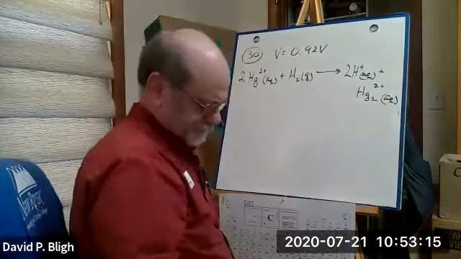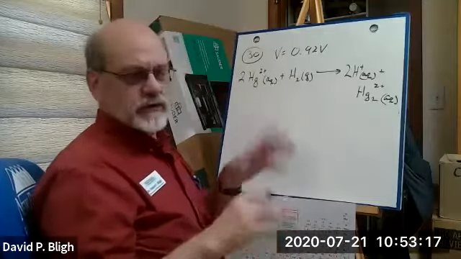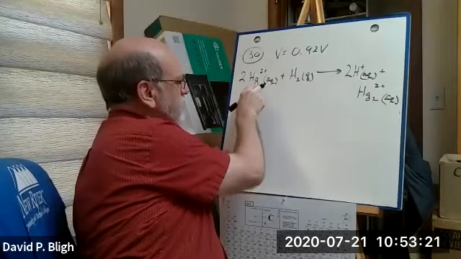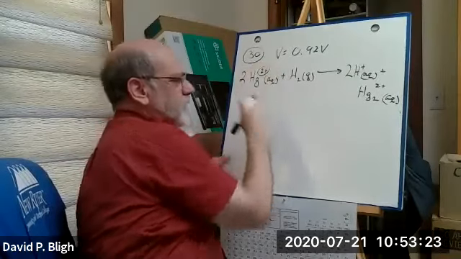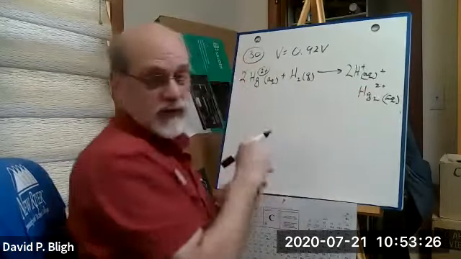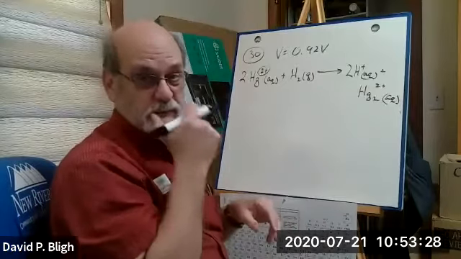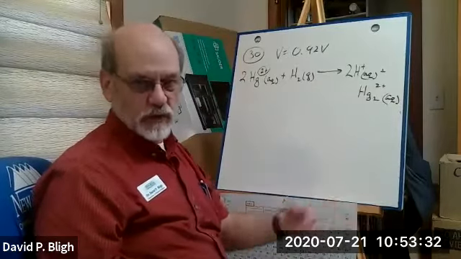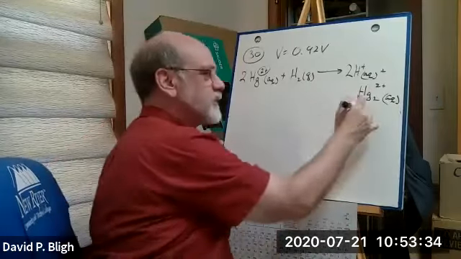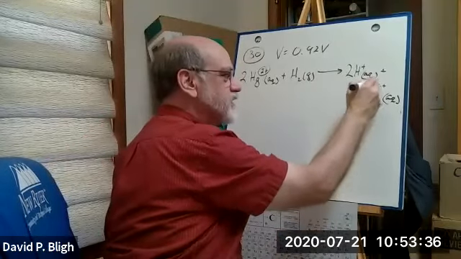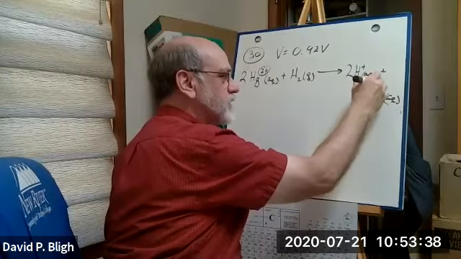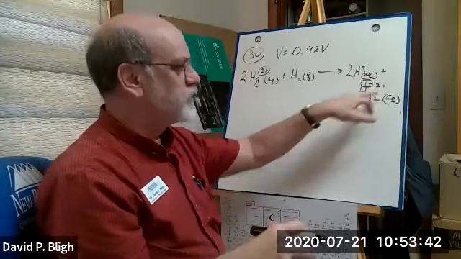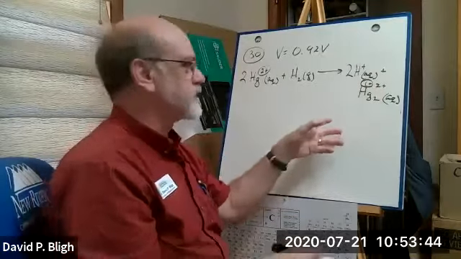Okay, so which one's reduced and which one is oxidized? Well, this one is 2 plus charge. But here we have 2 of them with a 2 plus, and that's the way mercury works. You never have a single mercury alone with a 1 plus charge. You always have 2 of them together with a 2 plus, which means this is a 1 plus oxidation state for mercury, because 2 of them have to divide 2 plus.